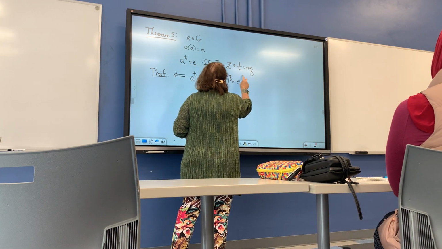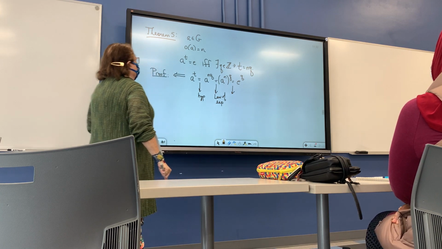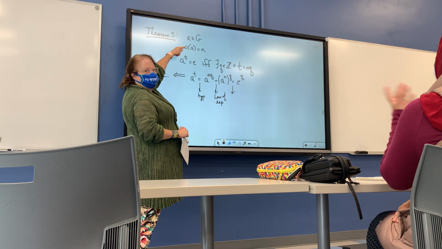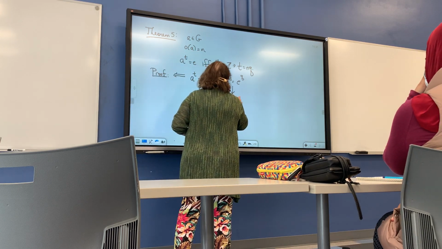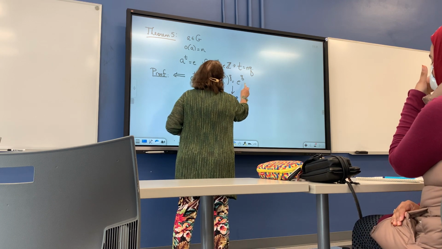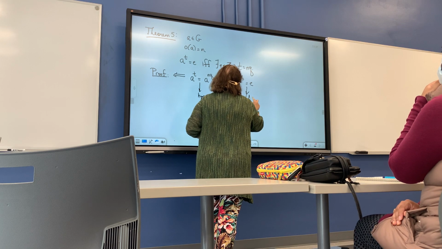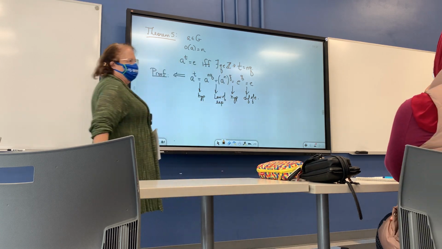This is e to the q. Why is that? Hypothesis, order of a is n. And this is e, that's just the definition of e. Okay, done.